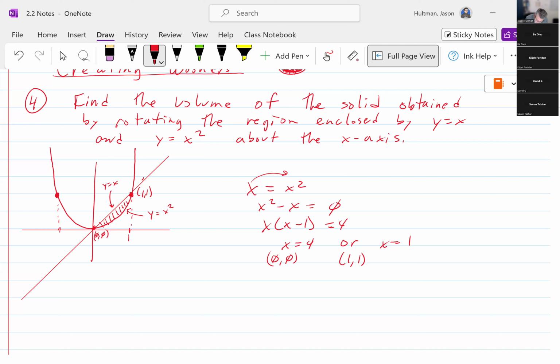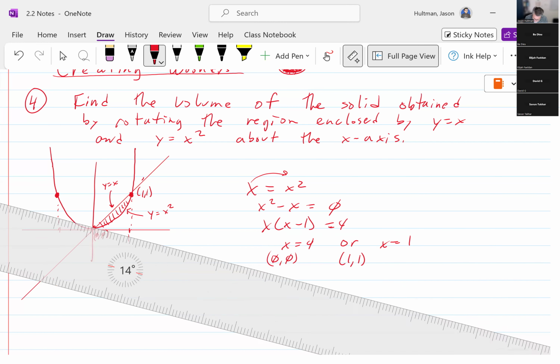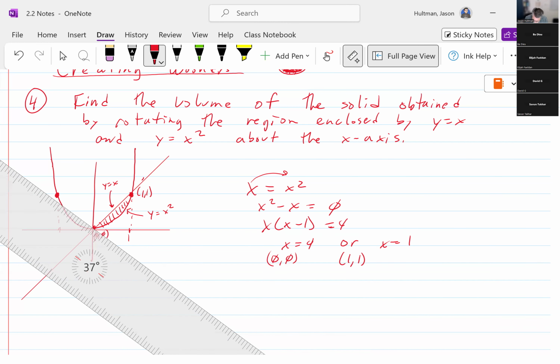the washer here. Let me draw an auxiliary line here.